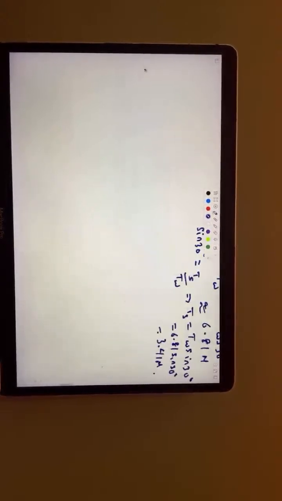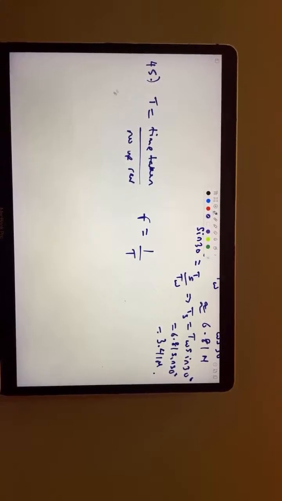Moving on. I'm not going to waste too much time again. I think I explained too much. So revolution, blah blah blah. Just know that period T is time taken over number of revolutions, and frequency is always 1 over period. This question is very easy. The time taken in this case is 15 seconds.